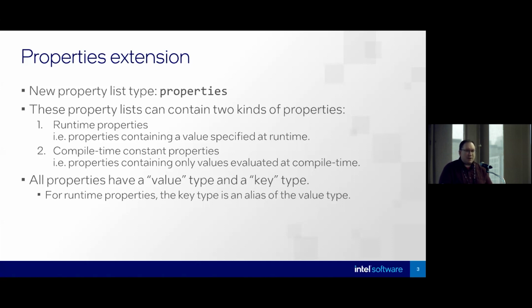But now we can also define compile time constant properties, which have values that are evaluated at compile time. And in order to use these things effectively, we're also going to ensure that all properties have both a value and a key type, which is really mostly useful for the compile time variant. For the runtime variant, basically the key and the value are essentially the same thing.